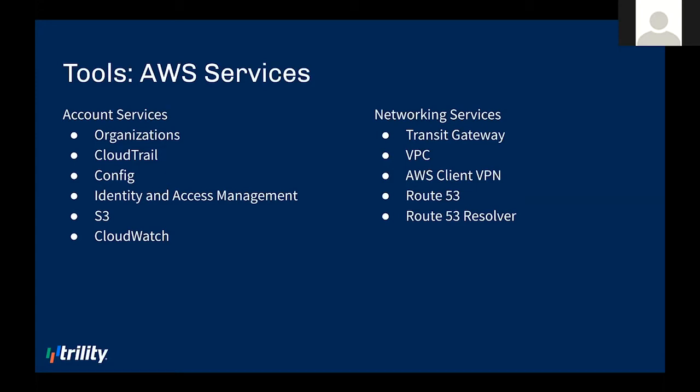And then from the networking services perspective, we're going to talk a little bit about Transit Gateway, VPCs, the AWS Client VPN, Route 53 and Route 53 Resolvers. Route 53 Resolvers is something I've been playing around with since they came out, and they are probably one of my favorite tools.